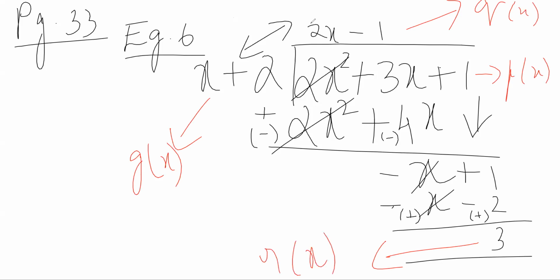Now observe this problem carefully. This is P of x. This is Q of x. This is G of x. And this is R of x. So whenever you complete this problem, you write it in the form of division algorithm.